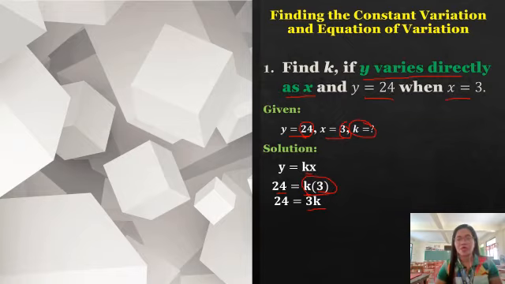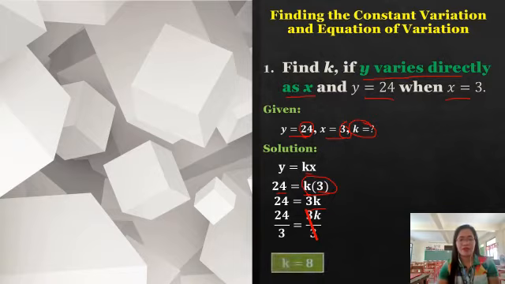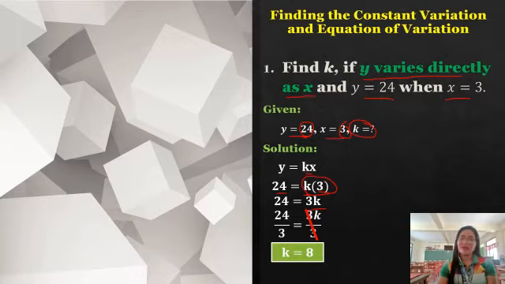To isolate the variable, which is a constant, you divide both sides by the numerical coefficient so that the number cancels. So divide both sides by 3. Cancel 3, because 3 divided by 3 is 1, and the 1 in 1k is invisible. So the answer is 24 divided by 3, that is 8. So our constant is 8.